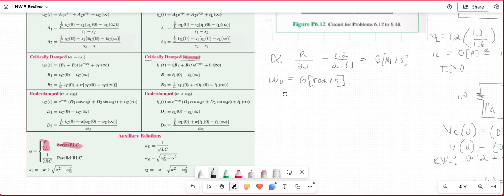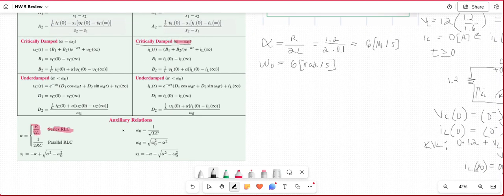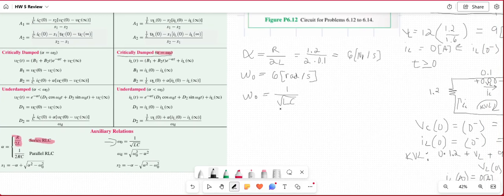All right. And we still need C. So if we look down here, this equation, W naught equals 1 over square root of LC. We just need to solve for C because we already have W naught and our inductor value L. So square root of LC equals 1 over W naught, and then square both sides.